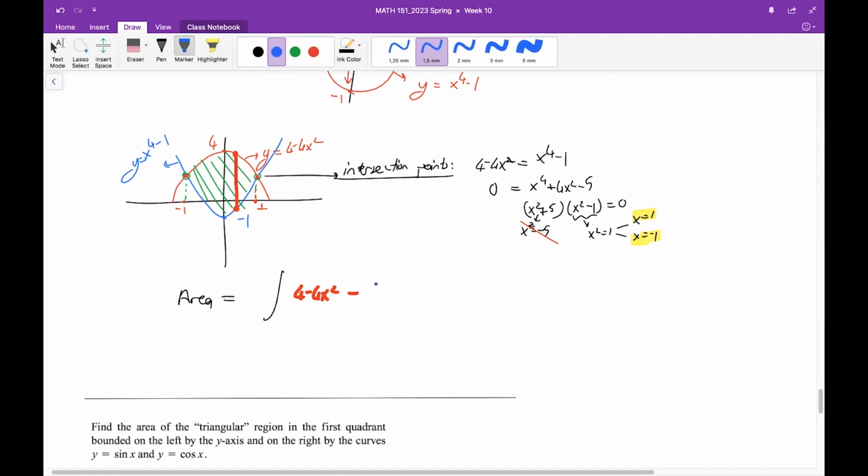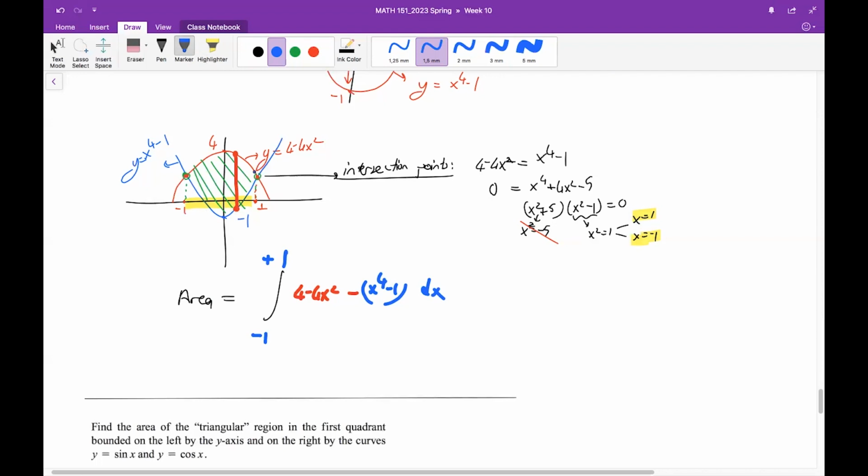The smaller curve is given by this equation. Dx, what are the boundaries? We just found the interval is from minus 1 to plus 1, okay? If you compute this integral, you will find a real number as a result, and that real number will give you the area between these 2 curves, which is shaded like that. Any questions about this solution now?